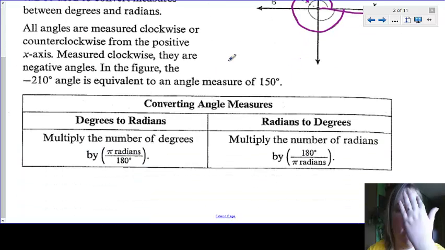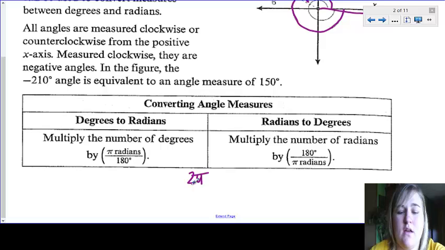To convert angle measures, there are 2 formulas which are basically the same thing, it's just the reciprocal. If we're wanting to convert from degrees to radians, we use pi radians over 180 degrees. If we're wanting to convert radians to degrees, we put 180 degrees over pi radians. And the way they got this from the 2 pi over 360, because they just reduced.